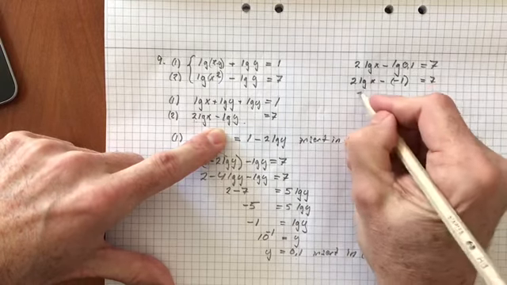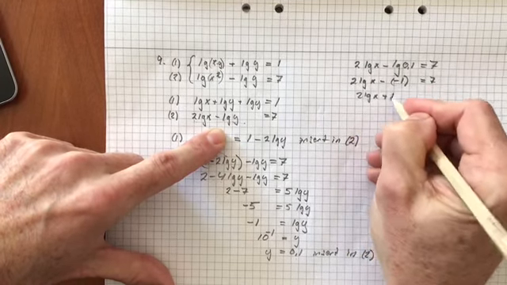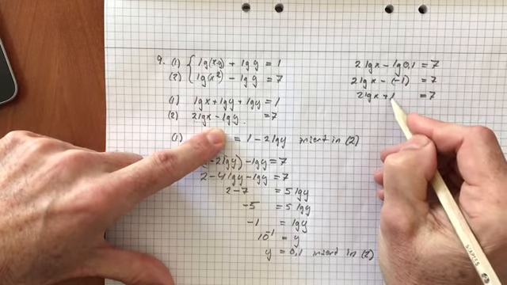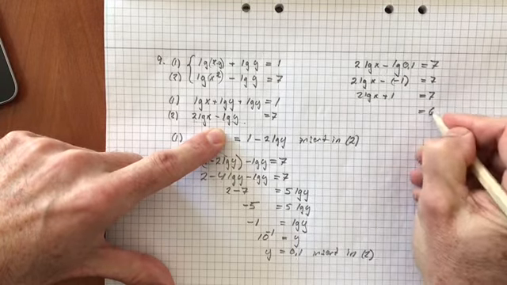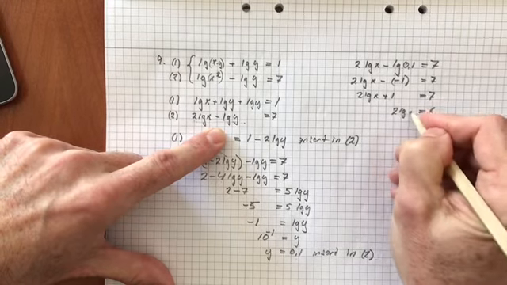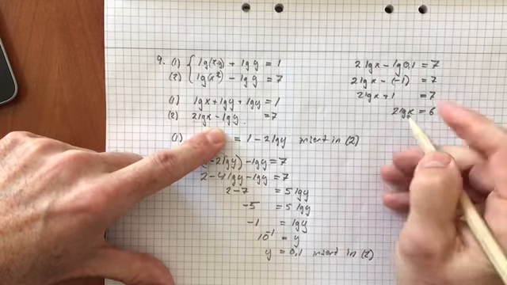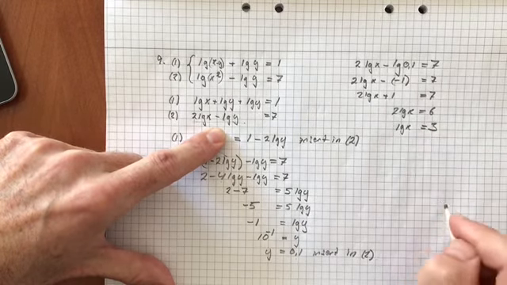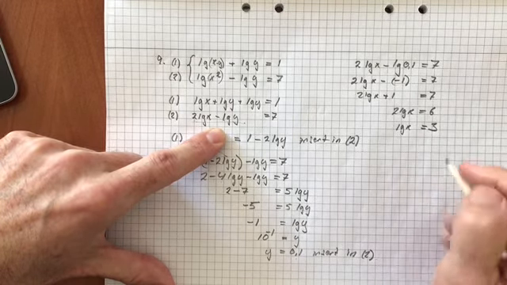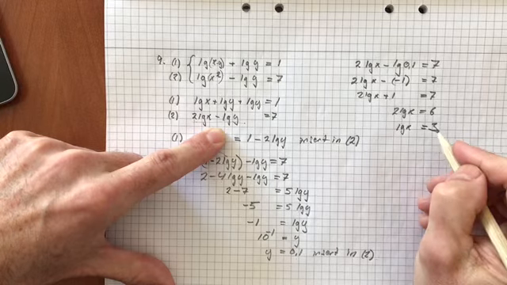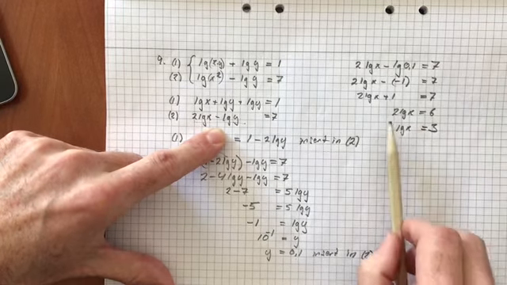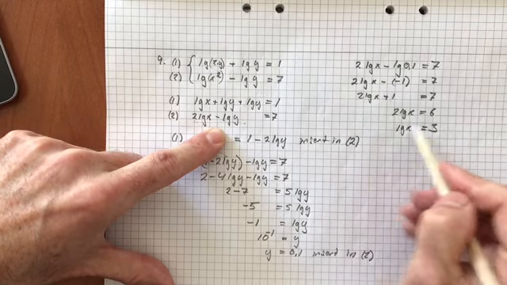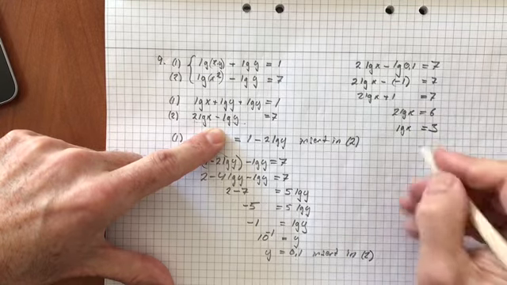Okay, so we have 2 log x plus 1 equals 7. So we subtract 1, and get 6. 2 log x. We divide by 2, so log x is equal to 3. Yes, that is true. 6 divided by 2 is 3.